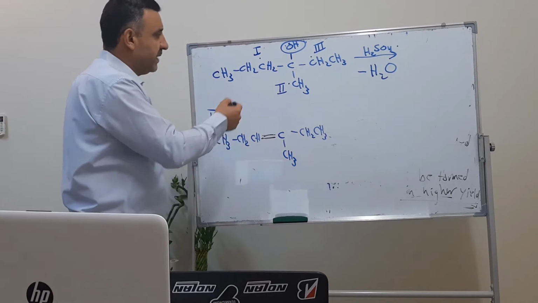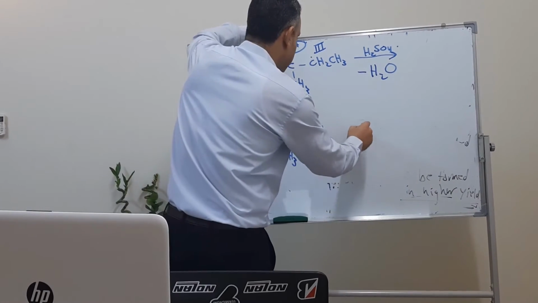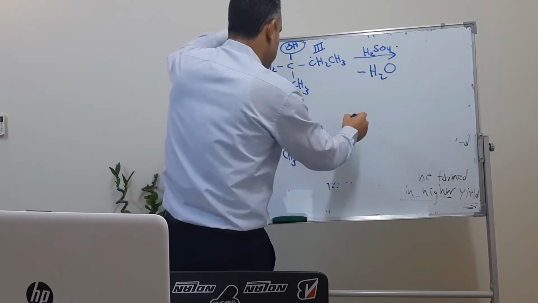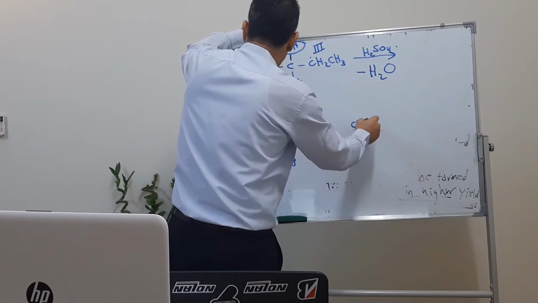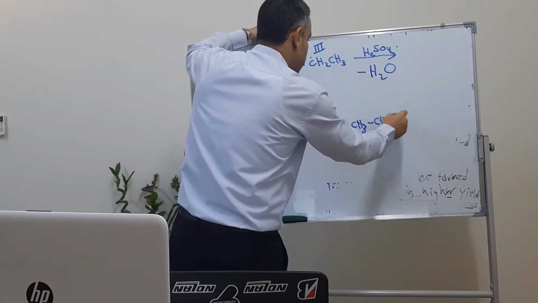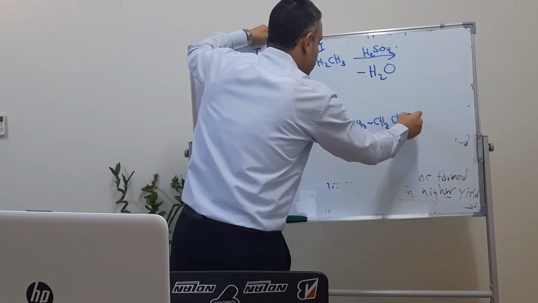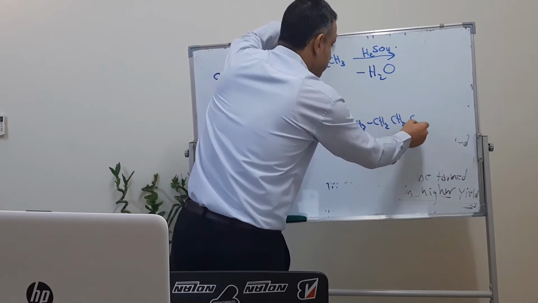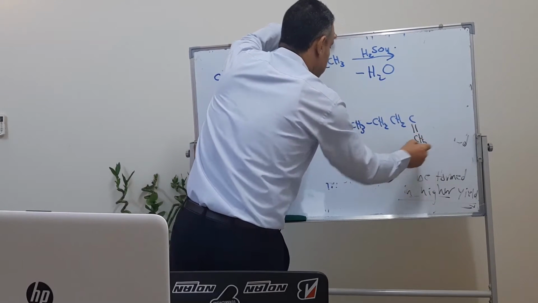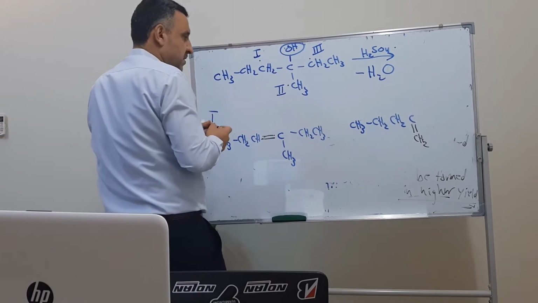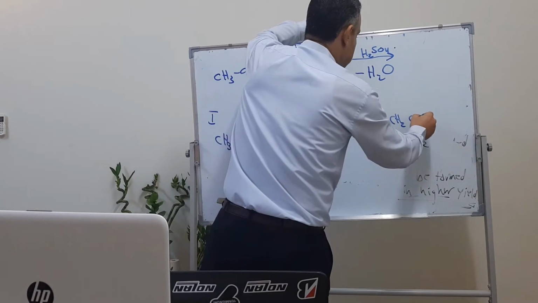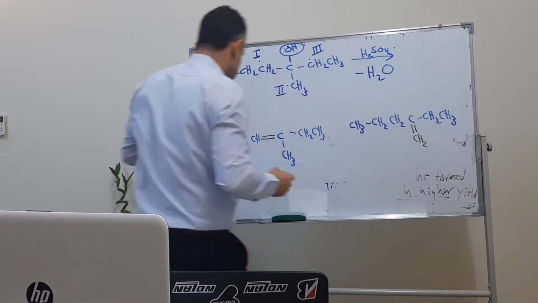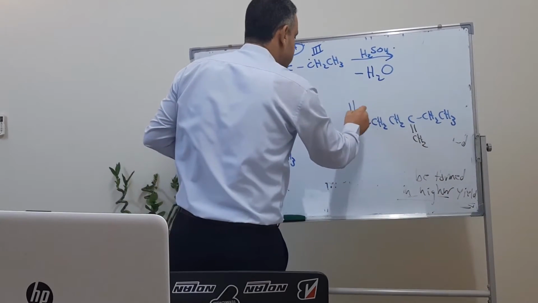The second will be, let me rewrite it again here, for example, CH3, CH2, CH2, carbon, double bond, CH2, and then CH2, CH3. This is the second possibility.